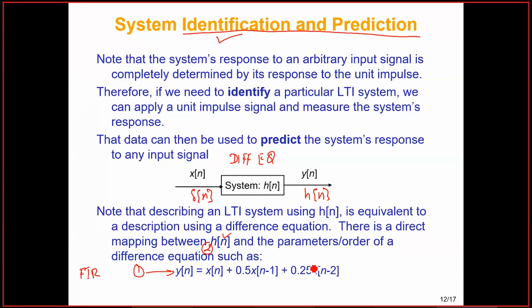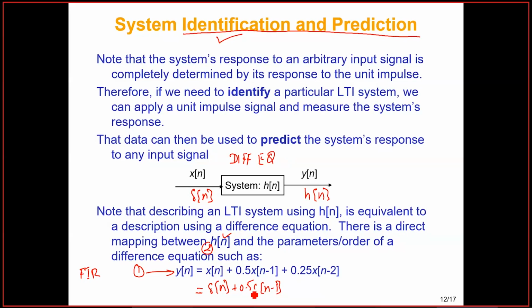If you have an FIR system, that means you have a difference equation which does not have any feedback term. If that is the case, then you will see here that instead of x of n, we will just replace it with delta n, and we will just replace all these values and see what we come up with. So if input x of n becomes delta n, then x of n minus 1 will become delta n minus 1.